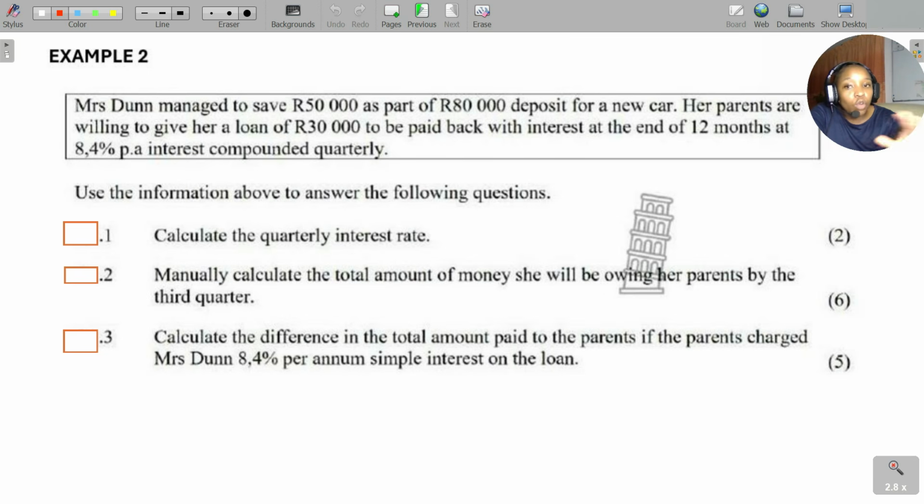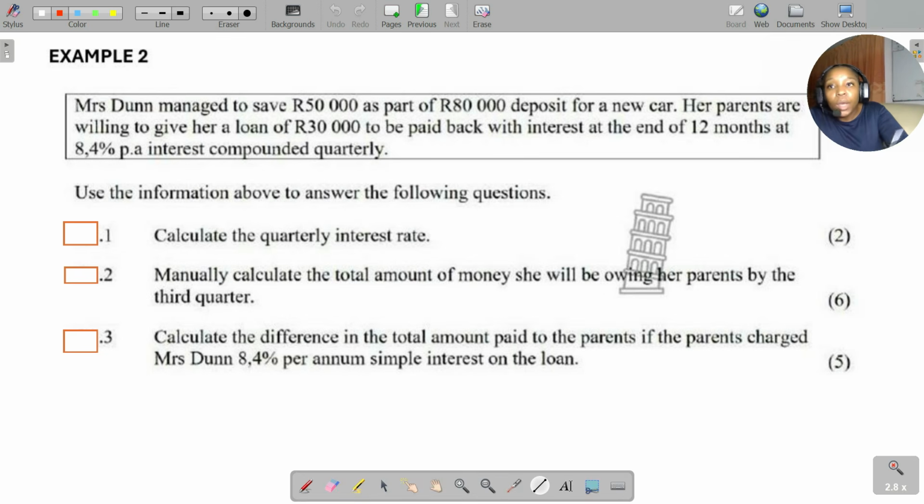I'm going to start off by giving you an overview of how you can view this situation. The loan amount is 30,000. That is how much she has borrowed from her parents.